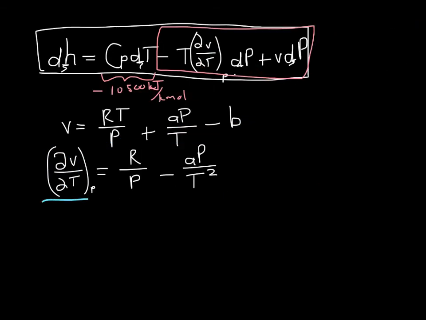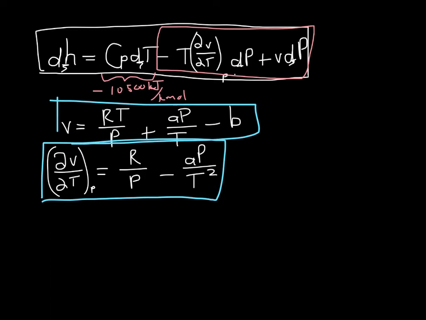So now we've differentiated the volume to temperature, and we have an expression for our volume as a function of temperature and pressure, which we can now substitute into our equation.